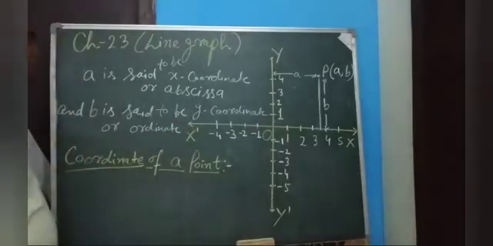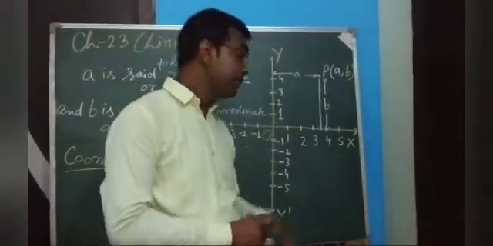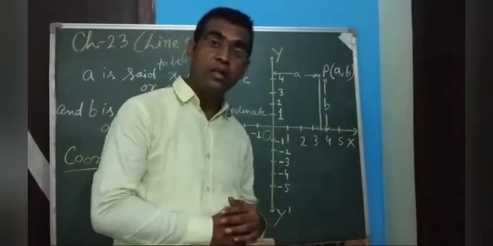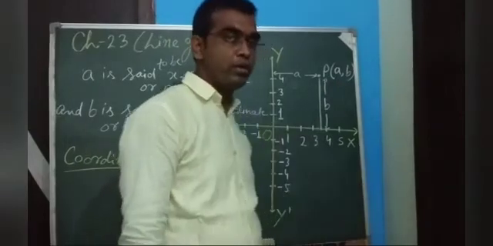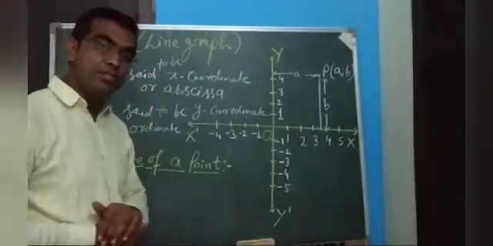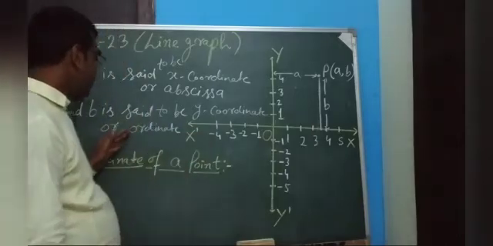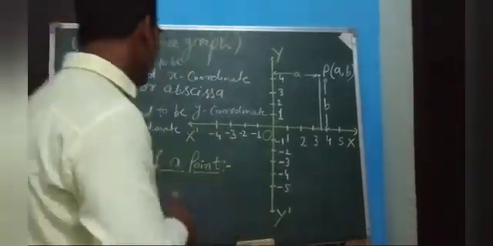So here if AB is a coordinate of P, then the first coordinate is said to be x coordinate and the second coordinate is said to be y coordinate, and x coordinate is also known as abscissa and y coordinate is said to be ordinate.